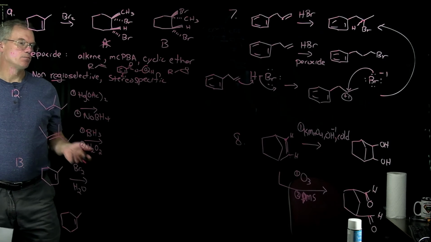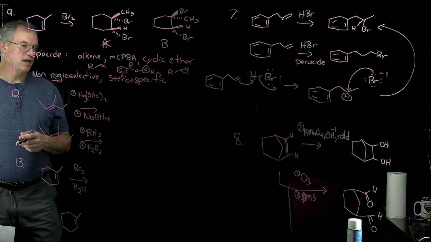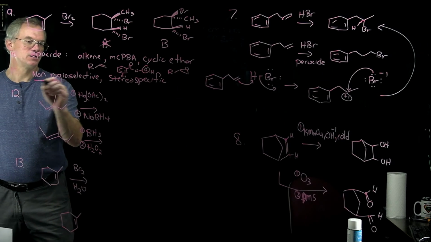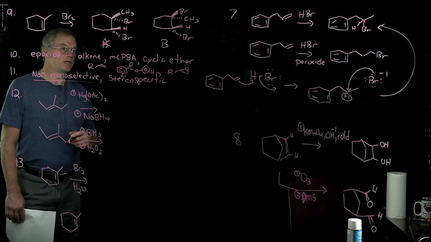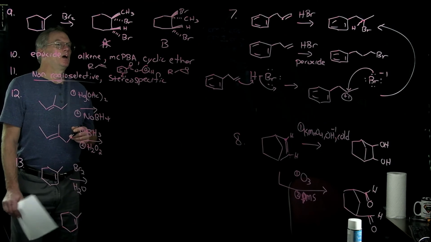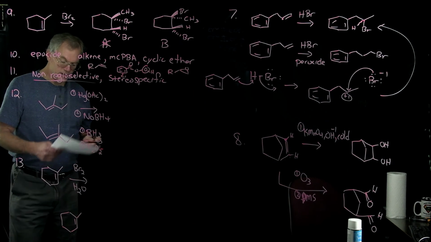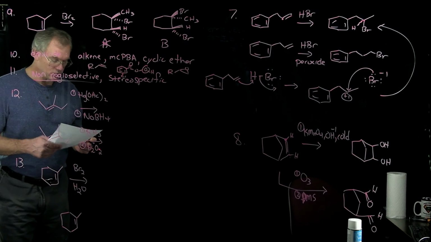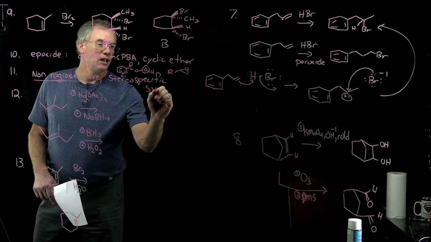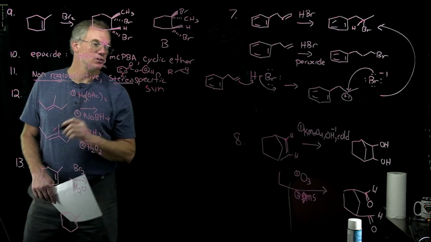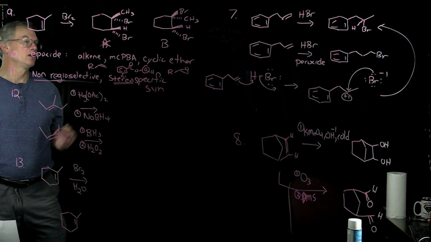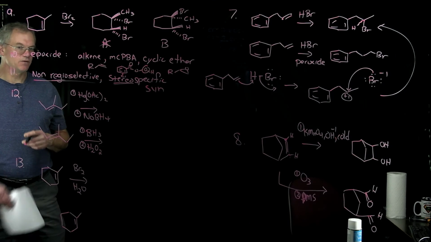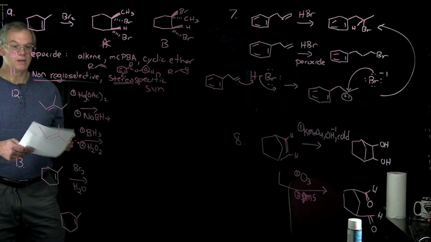So if you get both Markovnikov and anti-Markovnikov, that's telling you it's not regioselective. But it also tells you that the addition occurs syn. And syn refers to the stereospecificity, and if it only occurs syn, then it is stereospecific, so number 11 should be B.